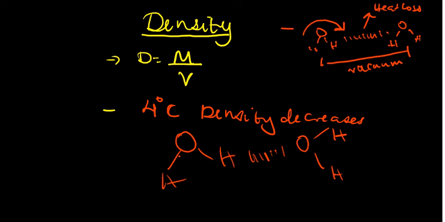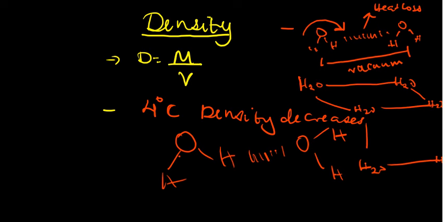And because of that, you find that when water is in its solid state, it's going to be lighter because the water molecules are very far apart. So you find one water molecule is here, another one is there. The distances are far apart. This is why all these are spaces that you can see.